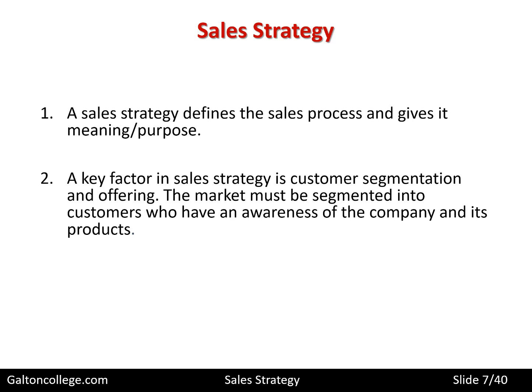The market must be segmented into customers who have an awareness of the company and its products. So ideally, the company should look at the segments and look at the requirements of the people within those various segments, identify the segments that it should target, and then look at the awareness of the customers within that segment in the context of the products being sold.